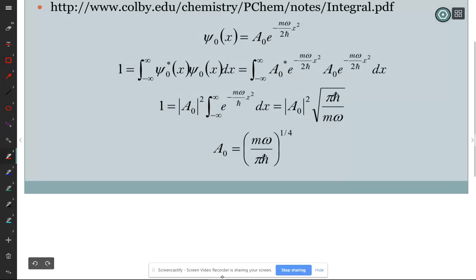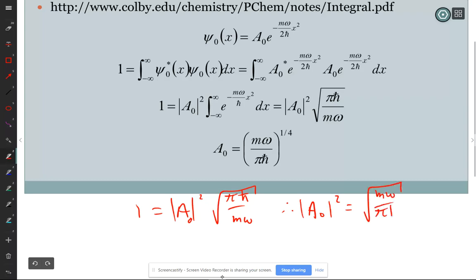And so now that we have 1 equals A0 mod squared, square root of pi h bar over m omega, then if we want to solve for A0 mod squared, it is equal to square root of m omega over pi h bar.